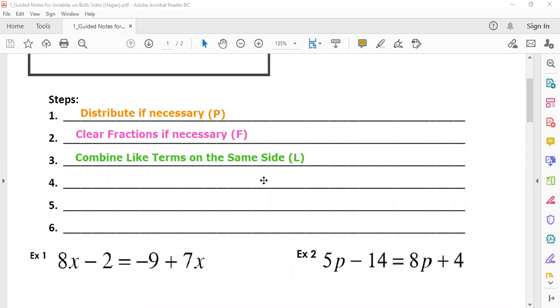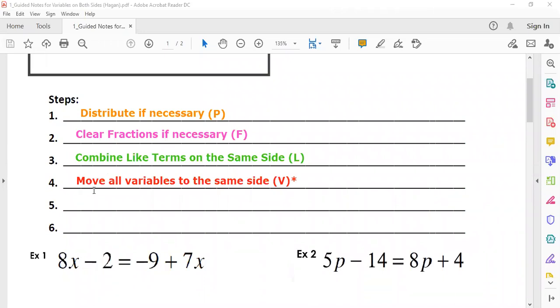Step 4 is our super new step, and that is to move all variables to the same side. This is the step that we haven't done before. We've been doing this for almost 2 weeks, and V has never come up until we got to this type of problem, okay?